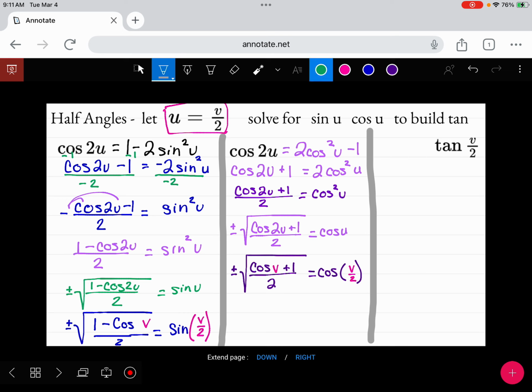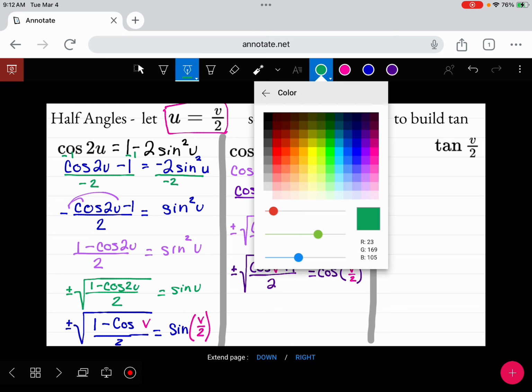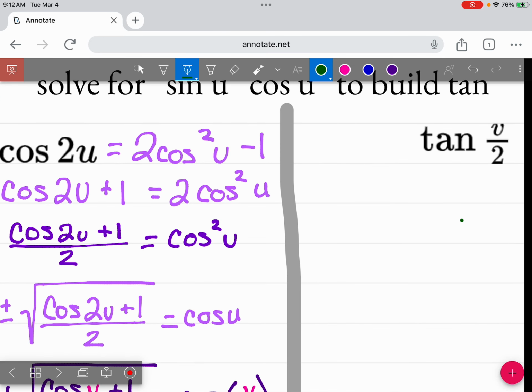I would say they're a little bit messy, but this is actually less awful than trying to go back to the double angle. So to get tangent of v over 2, we're going to do our sine of v over 2 over our cosine of v over 2.